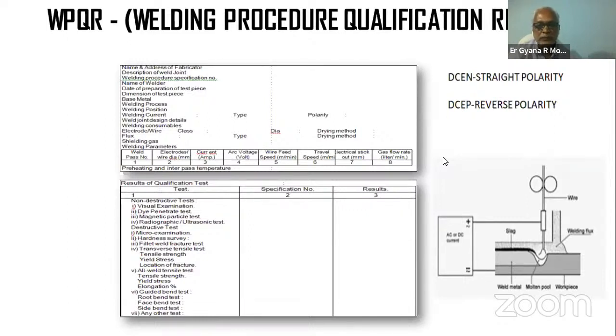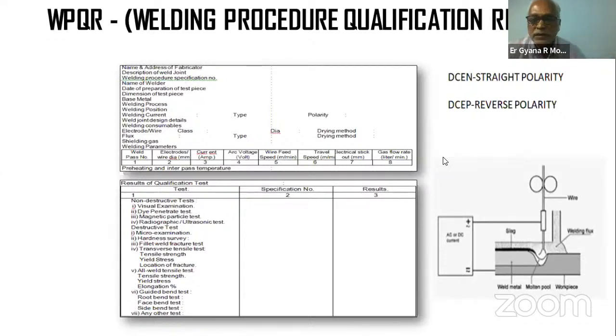That means whether it's a straight polarity or a reverse polarity. Straight polarity means the electrode is connected to the negative. Reverse polarity means the electrode is connected to the positive. Normally, in all MIG and submerged arc welding, the electrode is always connected to the positive.